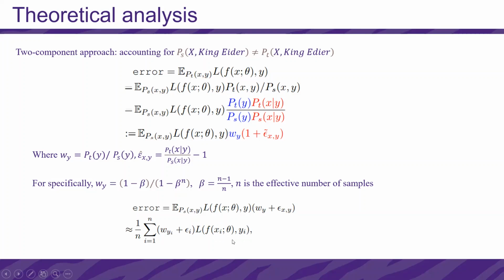You can use any loss function as L, like cross entropy, focal loss, and so on. And here are w and epsilon. They are the two components, and they are the key point in this paper. In the next section, we will talk about how to learn these two components.